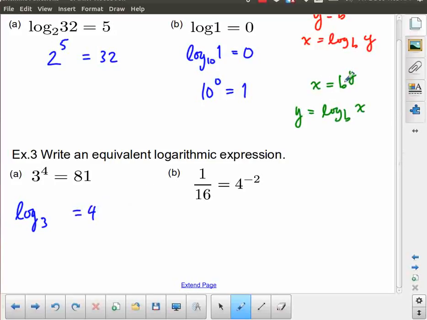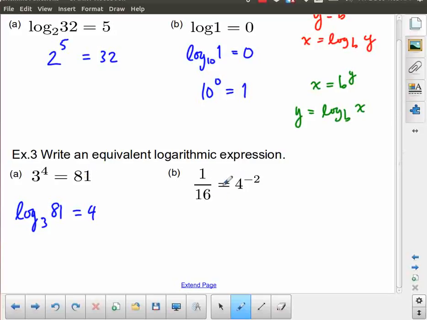And my x value is the 81, that goes into the logarithm. So that is log to the base 3 of 81 is equal to 4. And putting this into English, it's basically saying how many times do I multiply 3 by itself to get an answer of 81? And the answer to that is 4 times. Whereas this one is saying take 3 and multiply it by itself 4 times, and you will get an answer of 81.